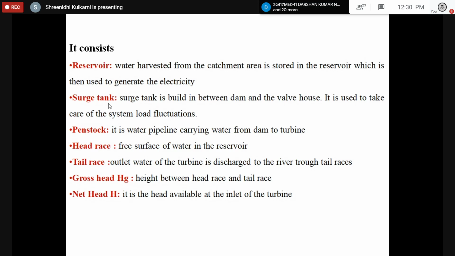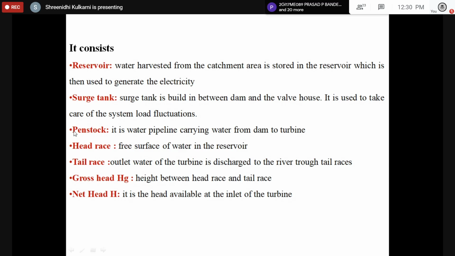It is used to take care of the system load fluctuations. As I just told, the surge tank will maintain the constant head despite system load fluctuations. That's why the surge tank plays an important role in the Pelton turbine.